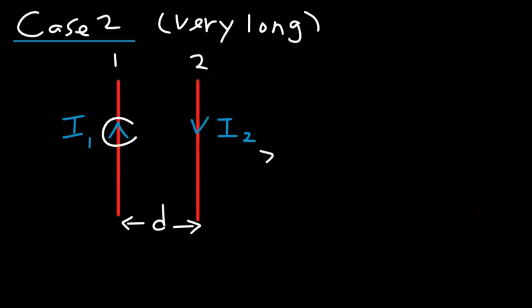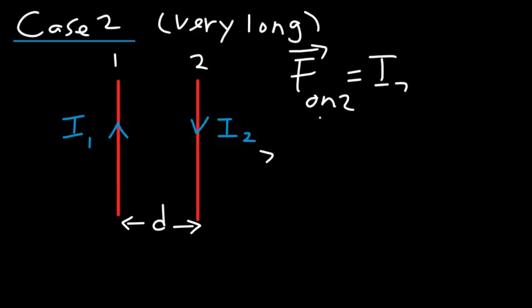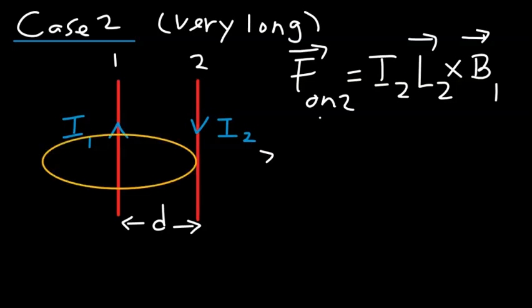What happens if the currents are opposite to each other, anti-parallel to each other? Let's first calculate the force on conductor 2, and it follows the expression: the current on conductor 2, the length vector of conductor 2, cross the magnetic field produced by current 1 at conductor 2. As before, the magnetic field due to current I1 at conductor 2 is going into the board.